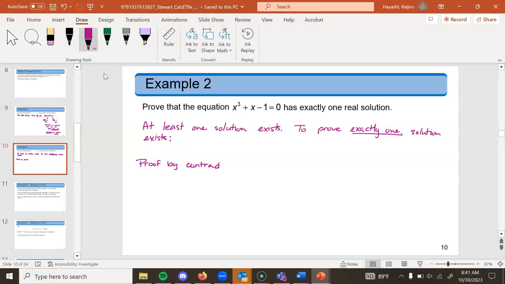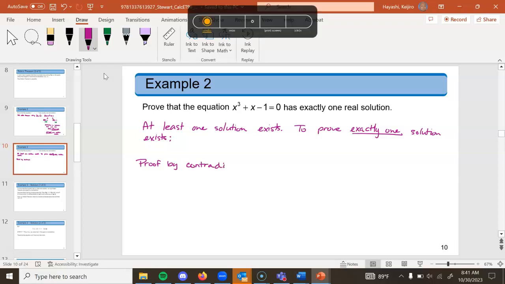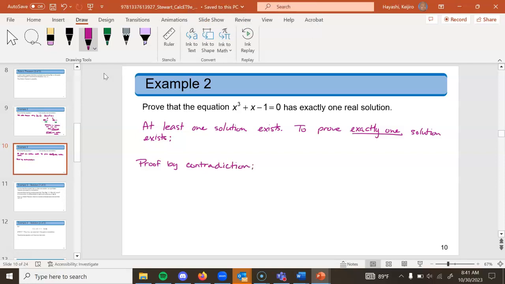And what that means is that we're going to suppose that the thing we're trying to prove is false. So we're trying to prove exactly one solution exists, and not more. So to do this proof by contradiction, we're going to start off by assuming that more than one solution exists.